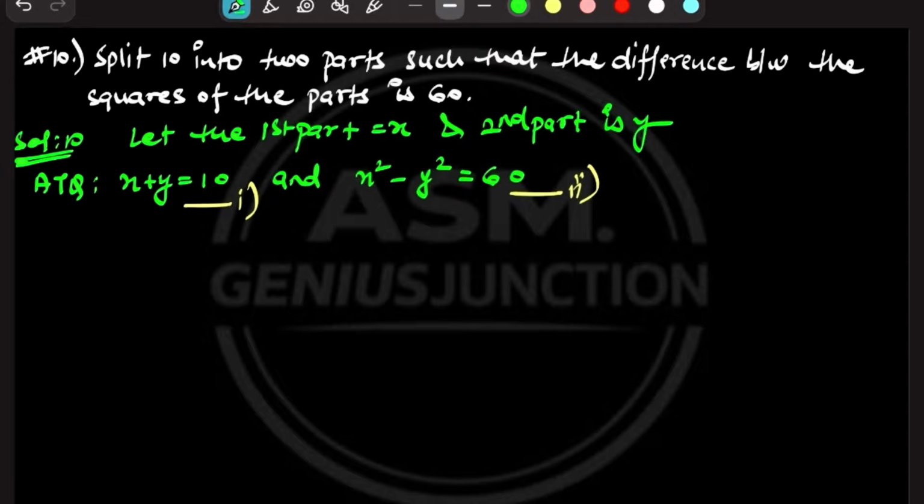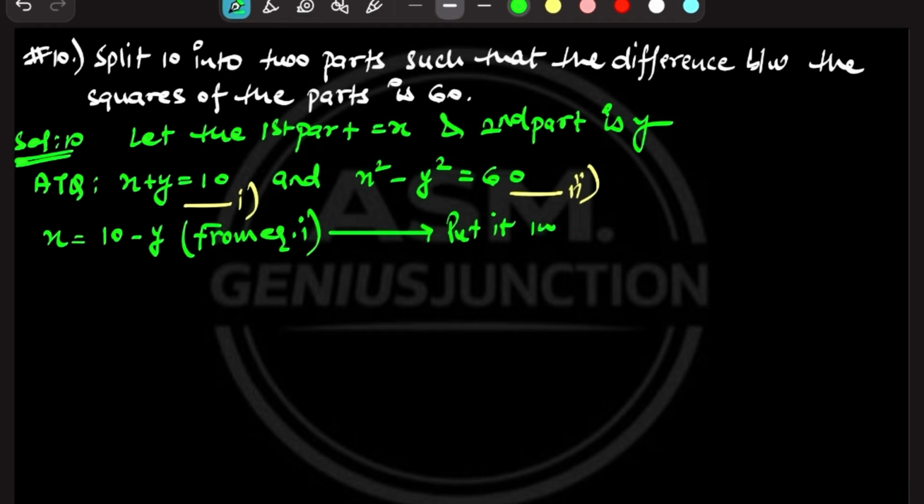I will take out the value of x from equation 1, that is 10 minus y, and put it in equation number 2. Let's see how equation number 2 changes.